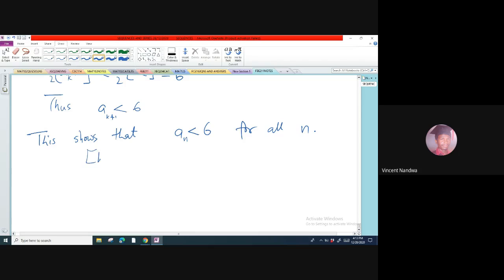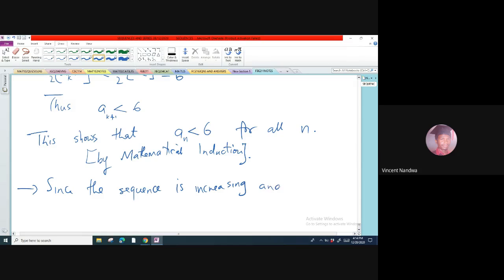Remember, this is by mathematical induction. So since the sequence is increasing and bounded, then by theorem 10, it has a limit.